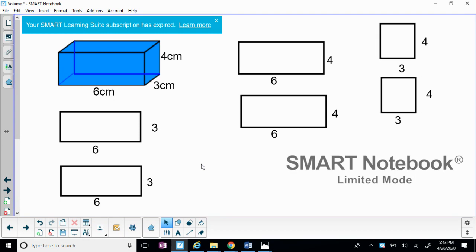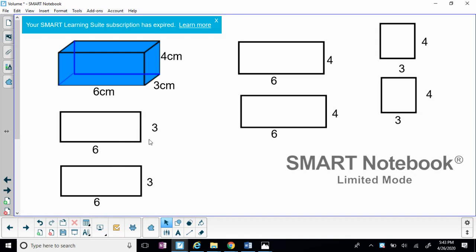So what I'm going to do here quickly, with the help of my calculator, is add all these up now. So the answer for each of these: 6 times 3, right here, is 18. Now we know when something has 2 faces, we might as well times it by 2.